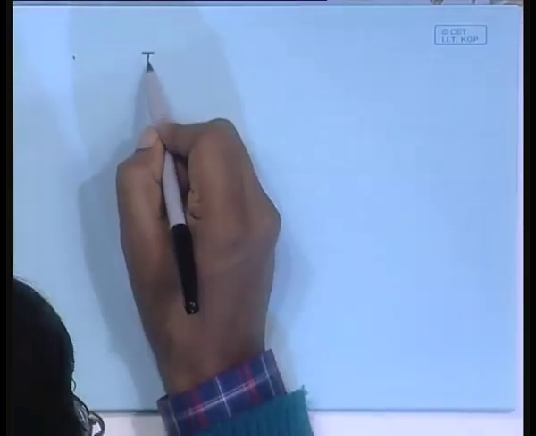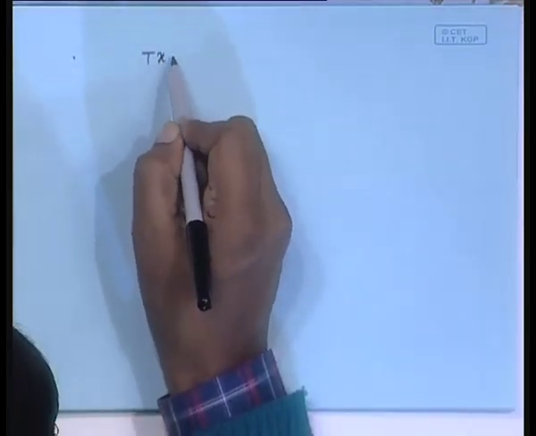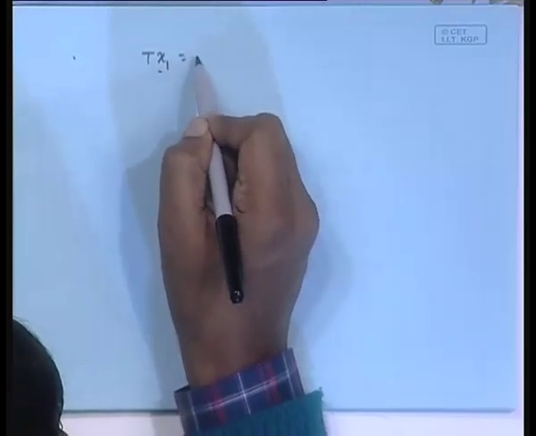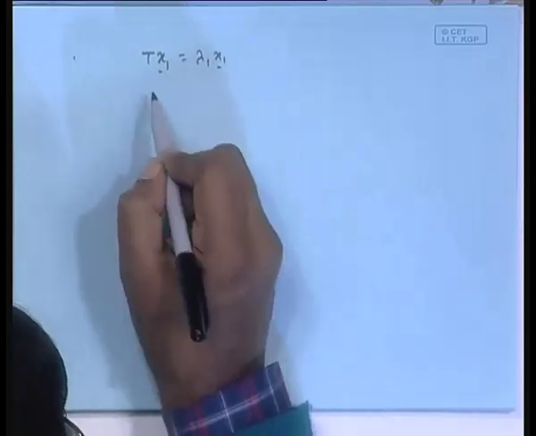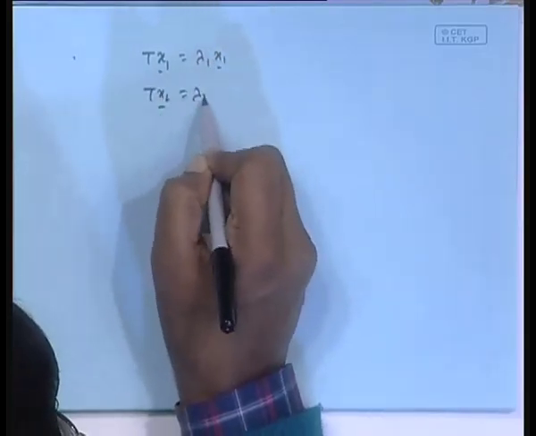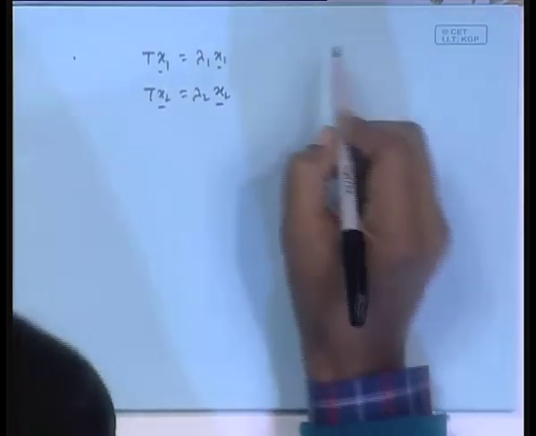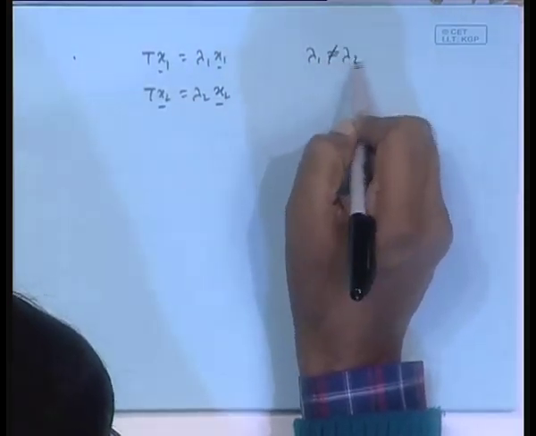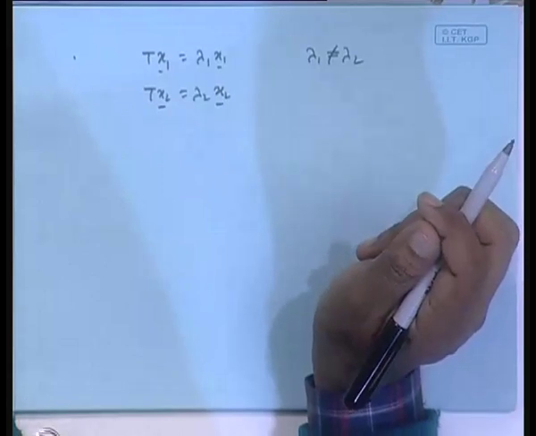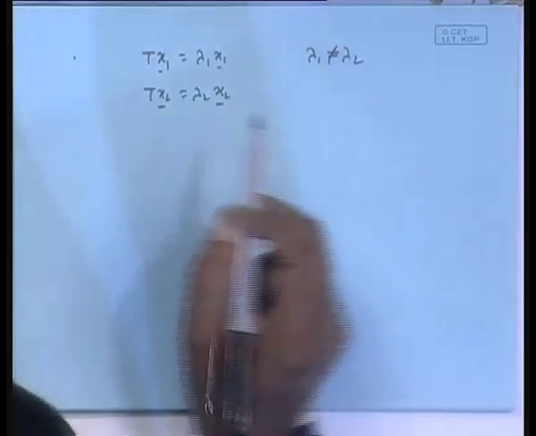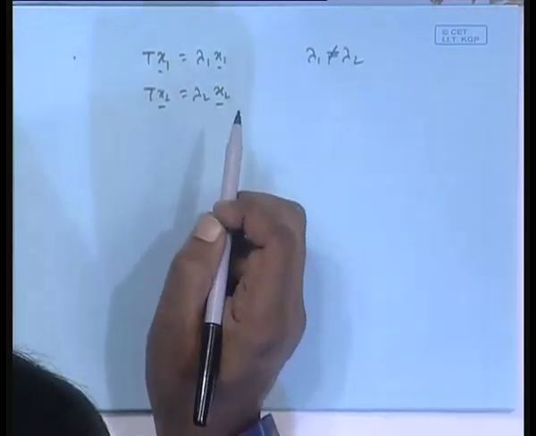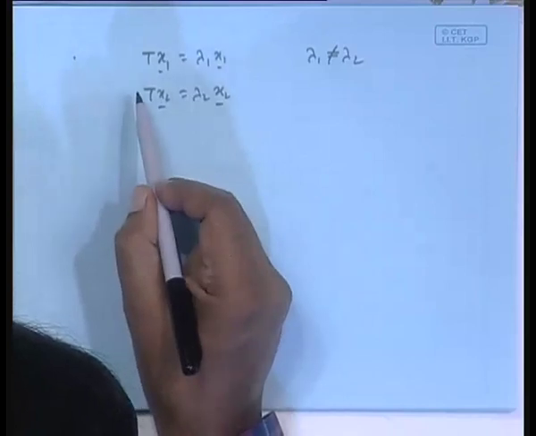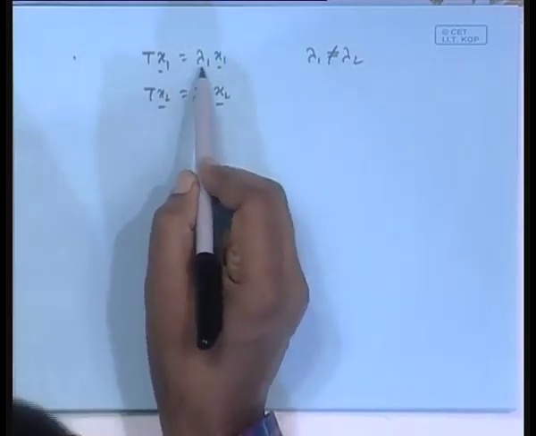Another property, suppose I have two distinct eigenvalues, T x1 as say lambda 1 x1, T x2 equals lambda 2 x2, and lambda 1 and lambda 2 are not the same, two distinct eigenvalues. Then take the Hermitian of both sides of the first equation.